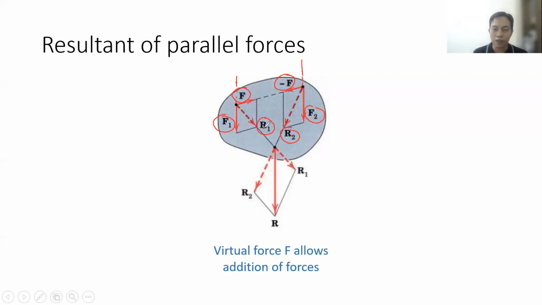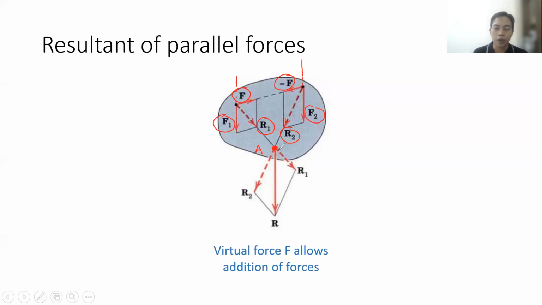So the lines of action of R1 and R2 intersect at this point. We call this point A. This is the common point of application of R1 and R2, because R1 and R2 consist of F1 and F2.